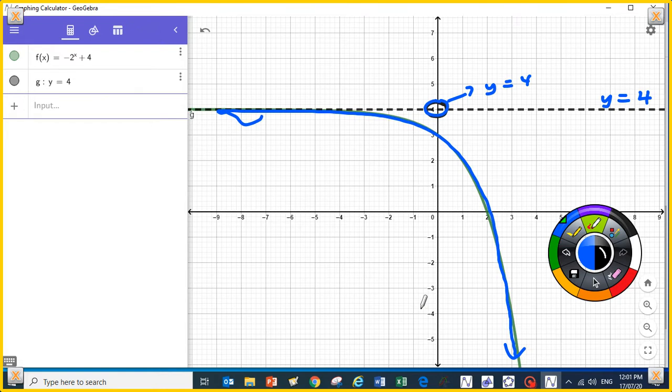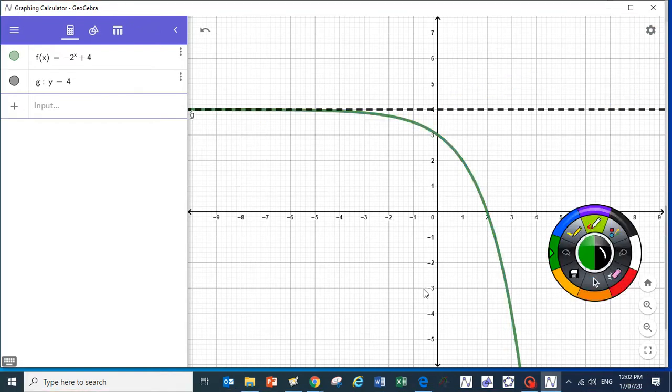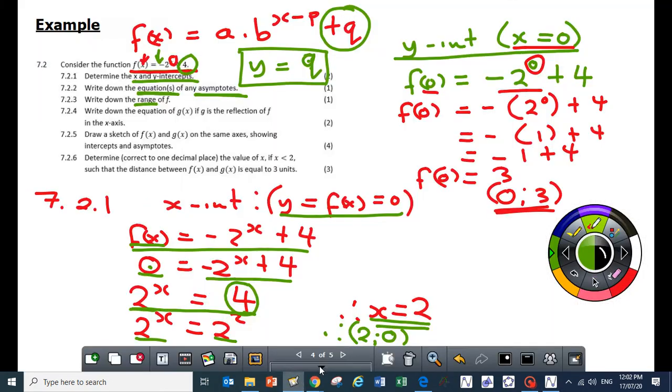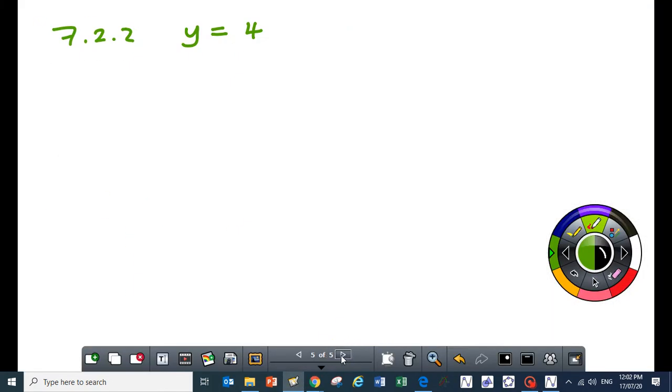Now, what that means is when we are writing the range, we write it as the following. We can write minus infinity is less than y. Now, because the curve will never touch the asymptote, but it's going to approach it, y can never be 4.